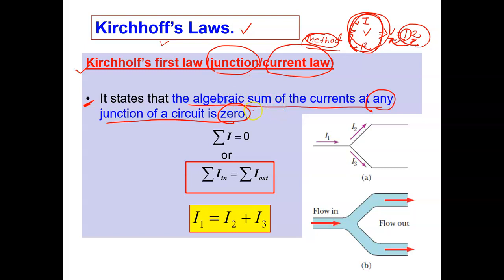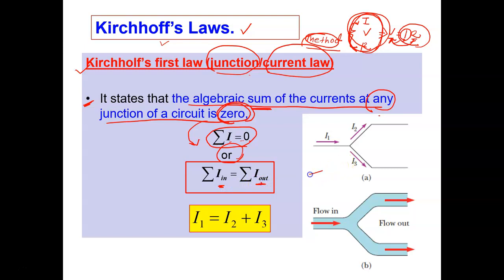Once again, the sum of the current at any junction of a circuit is equal to 0. I can express this in the form of an equation: the sum of I is equal to 0, or the sum of I into the junction is equal to the sum of I out from the junction.